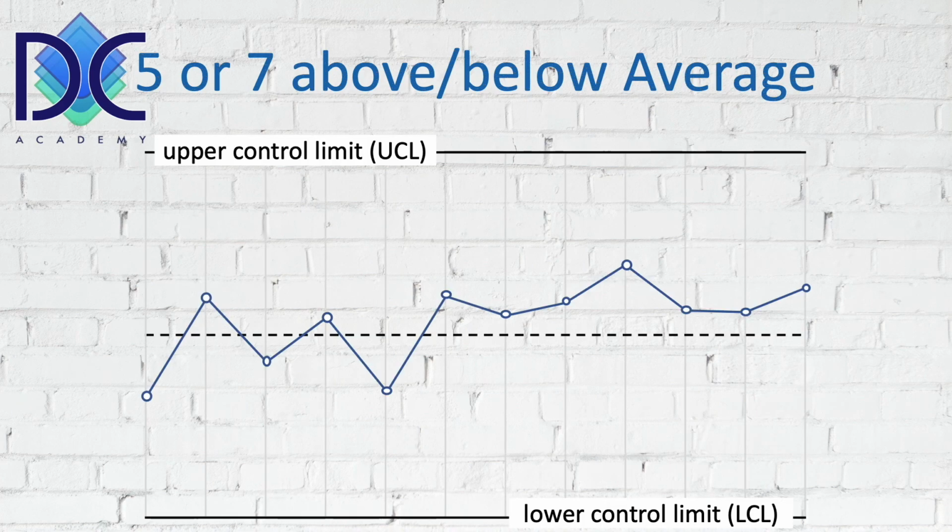The possibility here is when we have 5 or 7 above or below average. Now, when we have 5 or 7 below average, it means that there is something with the setting of the machine. Sometimes we refer to 5 or to 7, it depends on the book that you open, but basically it means something changed with the setting.